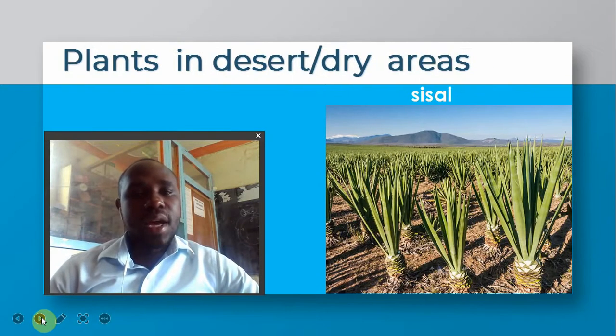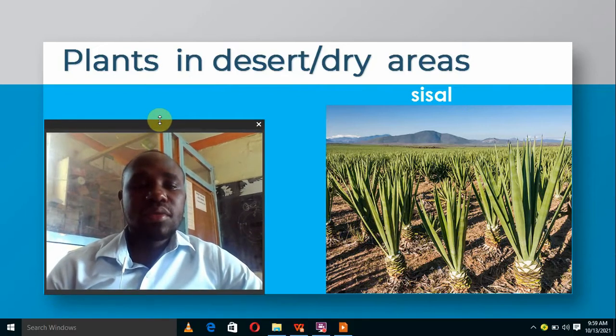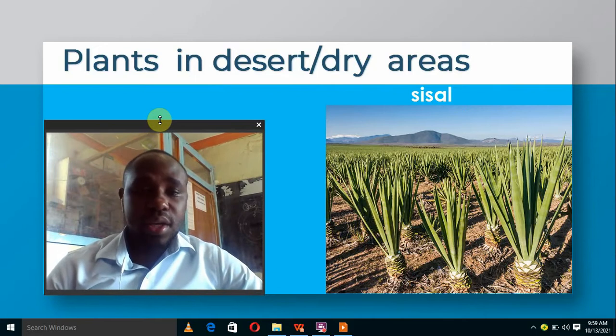Okay, let's look at this one now. We have got another example here of plants in the desert. These are plants which grow in dry areas which receive little or no rainfall. An example is sisal. We have sisal there.